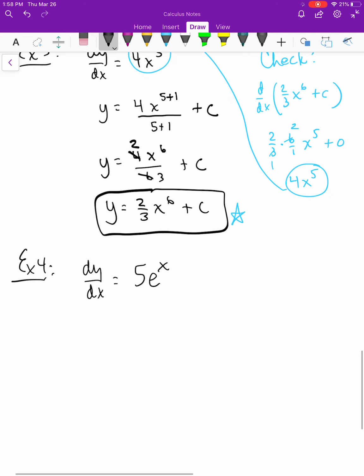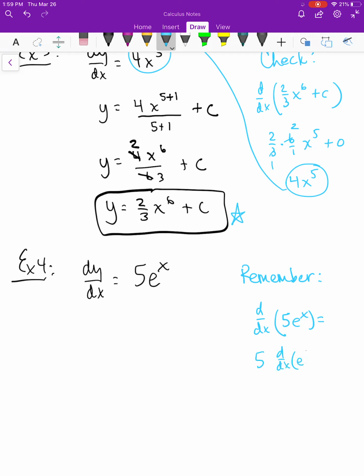Example number 4. dy dx equals 5e to the x. Okay, well, I want you guys to remember that if I was taking the derivative of 5e to the x, I could bring the 5 out in front times the derivative of e to the x, and that's still going to get me 5e to the x.